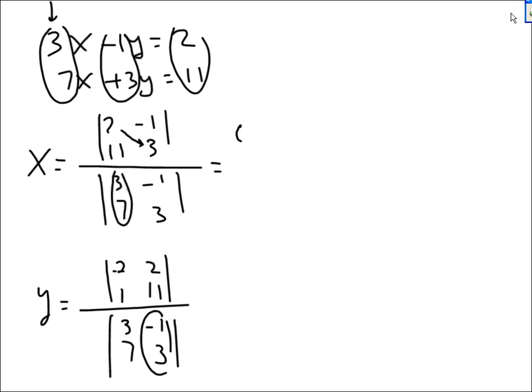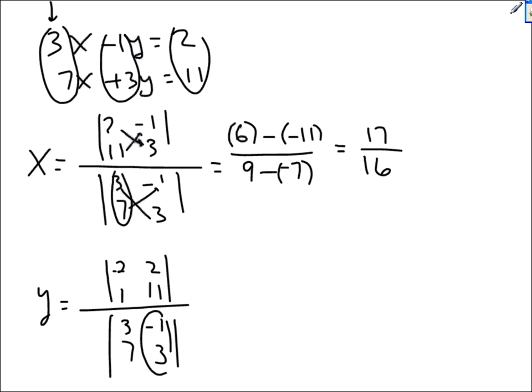Two times 3 is 6, minus 11 times negative 1, which is negative 11. That's 17. The bottom: 3 times 3 is 9, minus 7 times negative 1, which is negative 7. That's 16. So x equals 17 over 16. Now, we know what the bottom is.